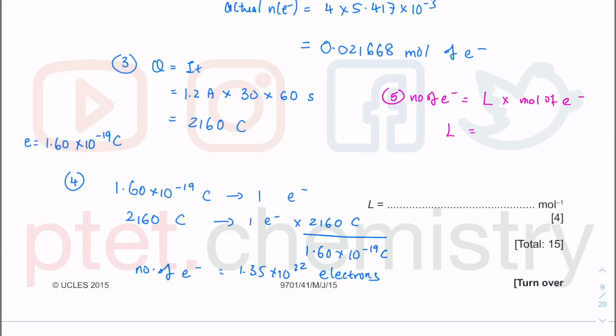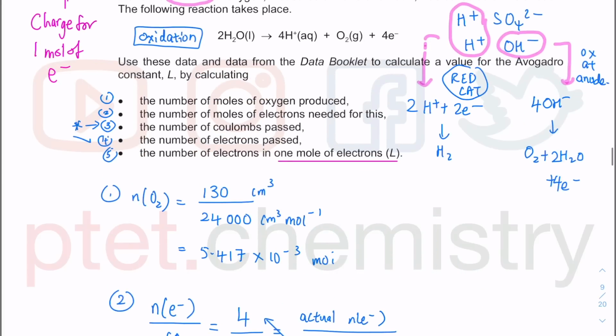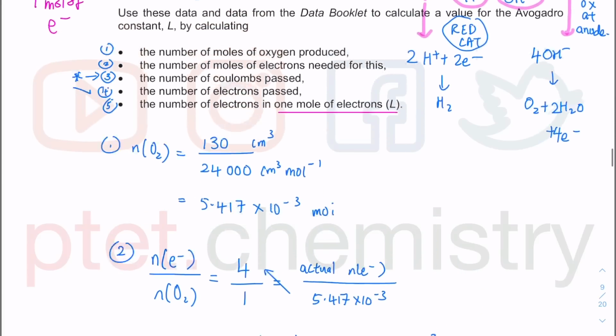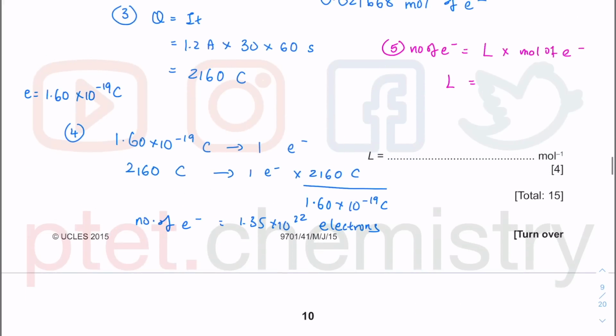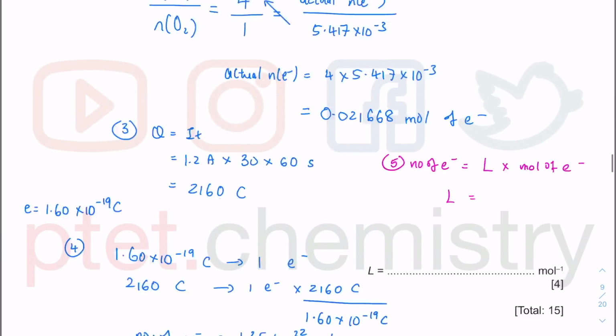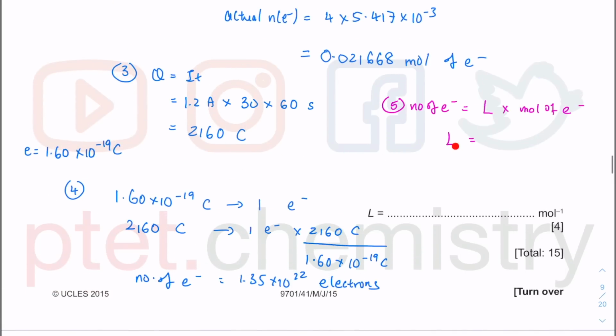What do they want? They want the number of electrons in 1 mole, which is the Avogadro constant. So that is the number of electrons divided by the mole of electrons. That is 1.35 times 10 to the 22 divided by the number of mole of electrons from the previous bit of the question earlier.